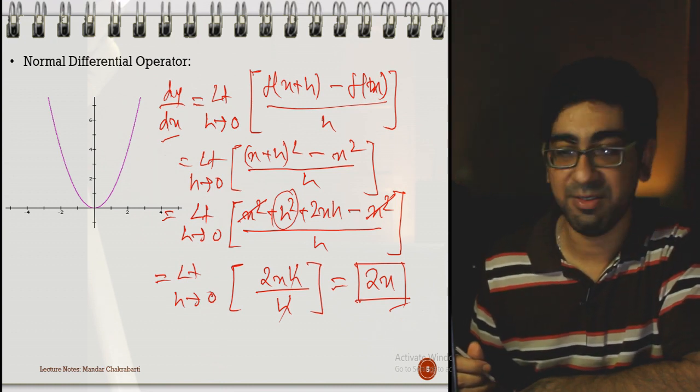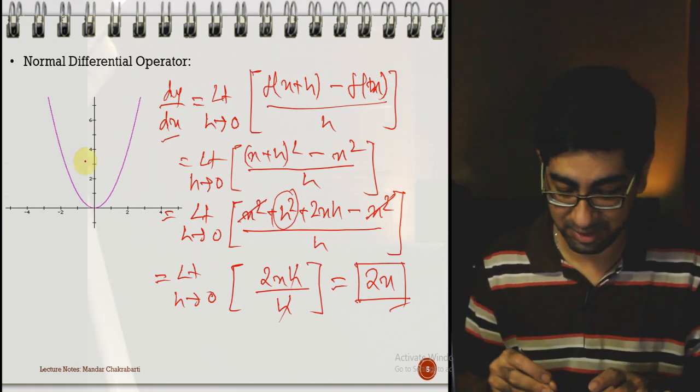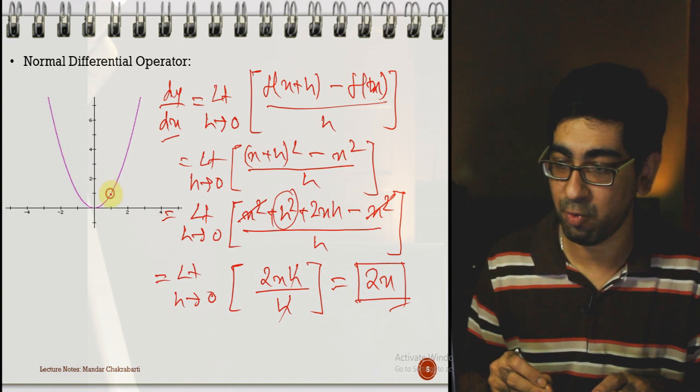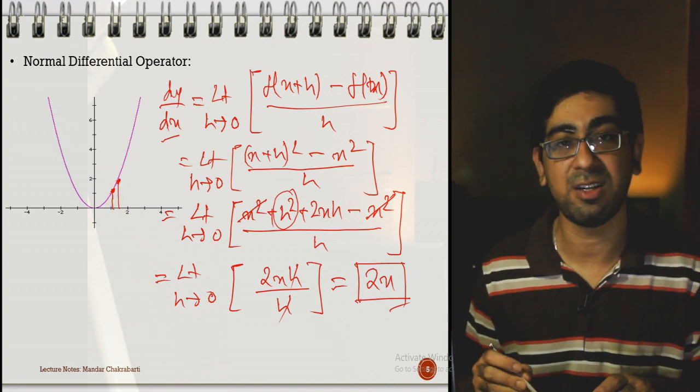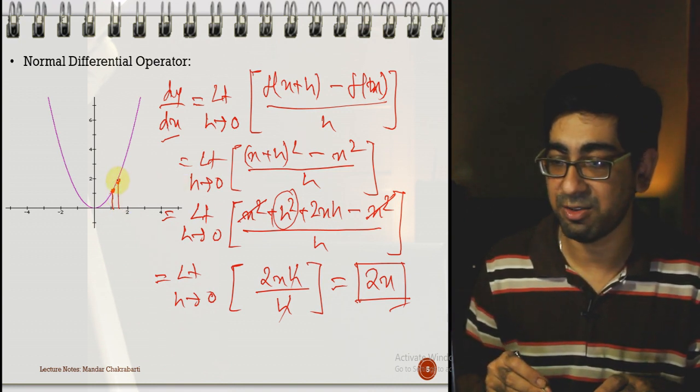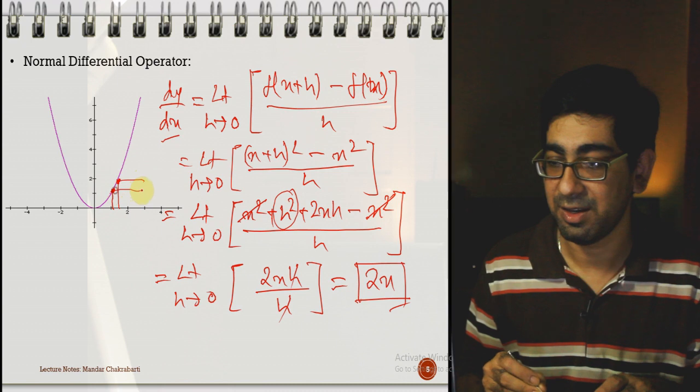How did we arrive at this? By considering originally 2 points. So, I have considered one point here, another very close point on the curve, and by considering the difference between these two results.